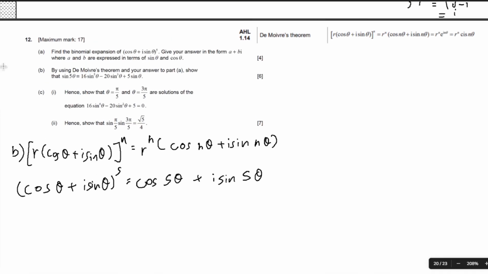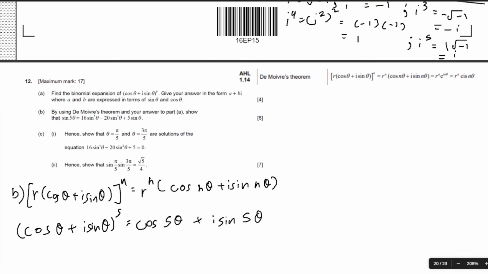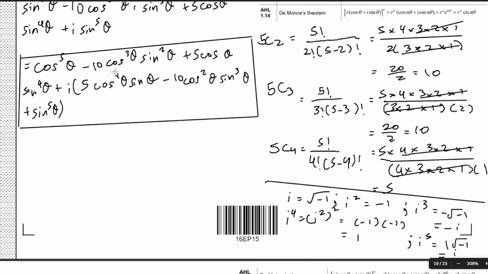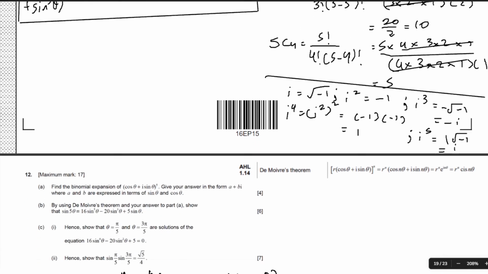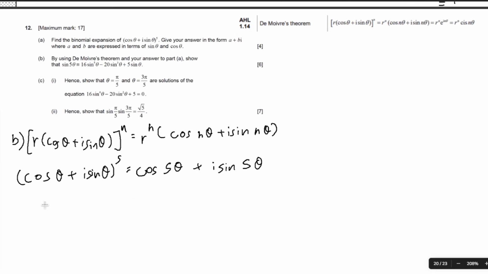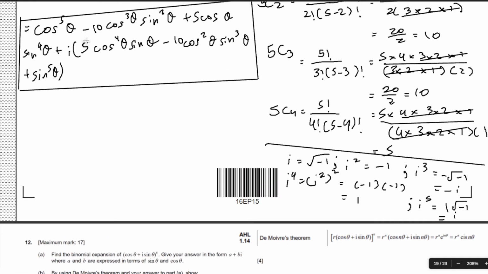Now, since we already got our equation in the one above right here, by rearranging it into this equation right here, we now know that sine 5 theta, I mean, would equal to this right here.